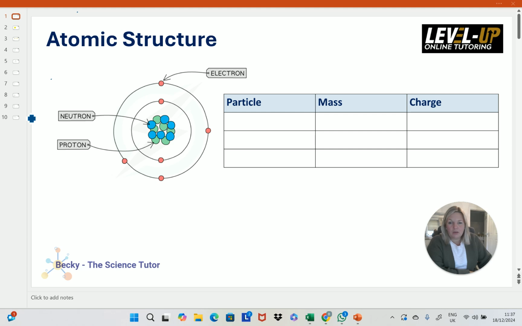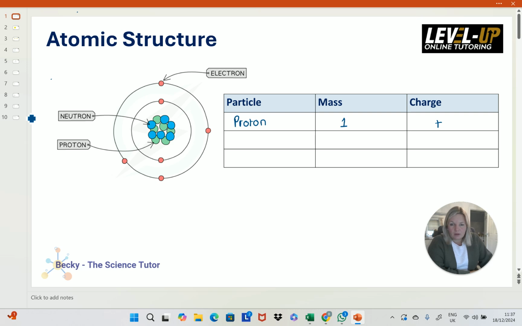Okay, so the three subatomic particles that we have: a proton. A proton has a mass of 1 and its charge is positive. That works quite well, positive proton. Whether you write the word positive or you put a plus sign, either is acceptable as an answer.